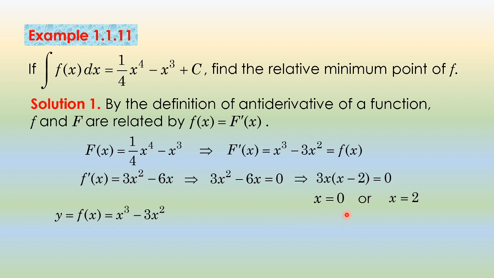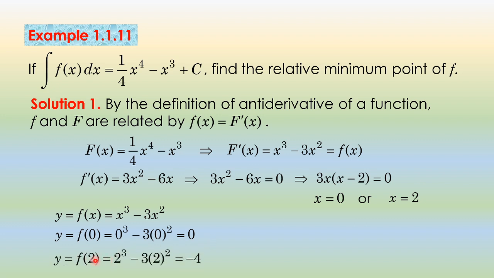To solve for the corresponding points, we use this f of x, which is equal to x cubed minus 3x squared. When x is 0, we have f of 0. So y is equal to 0 cubed minus 3 times 0 squared, which is equal to 0. Hence, we have a point 0, 0. When x is 2, we have f of 2.